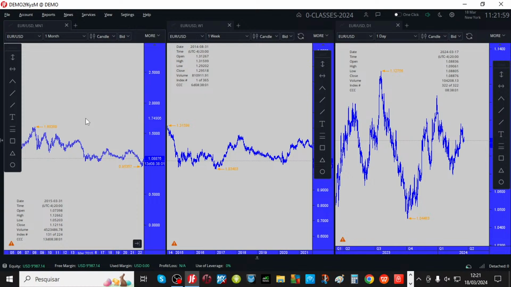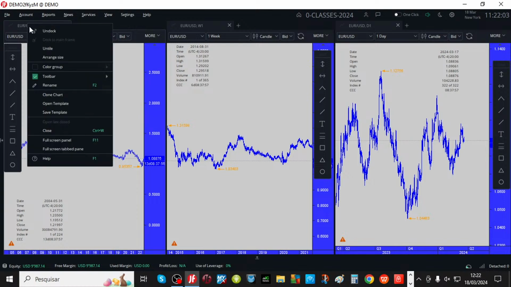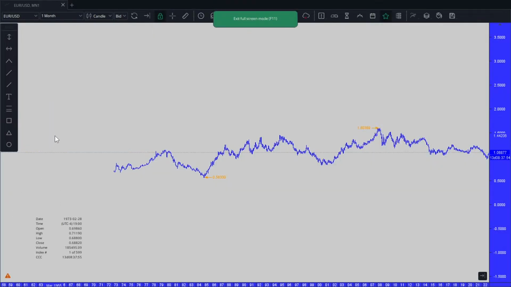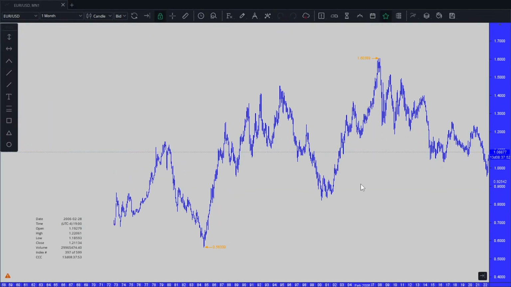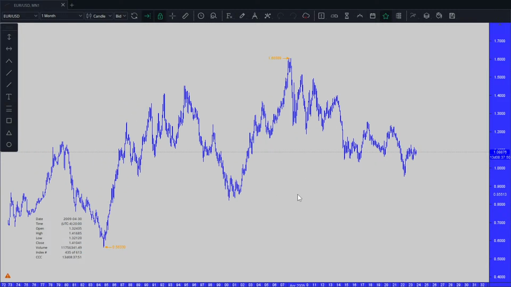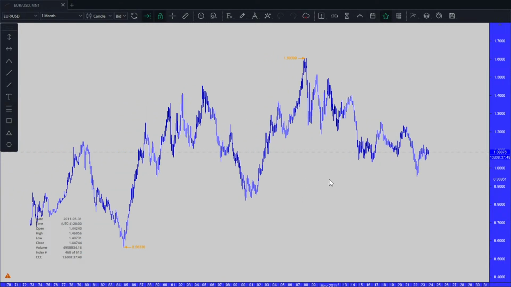All right, everybody, sorry about that. Euro dollar monthly chart. Let's see the euro dollar monthly chart, and as you can see, everybody, Forex is showing you that's the highest high, the most recent high, the all-time high.